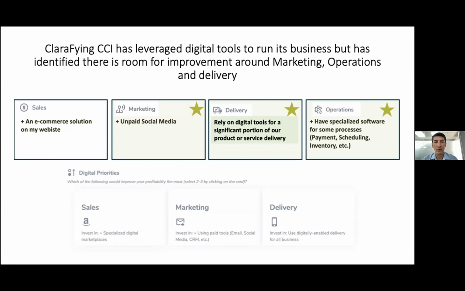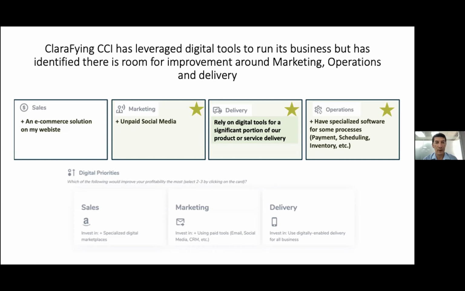In the operations environment, there is specialized software for some processes, for example for payment, scheduling, and inventory. For the priority of digital solutions, in sales we have to invest in specialized digital marketplaces, for example.